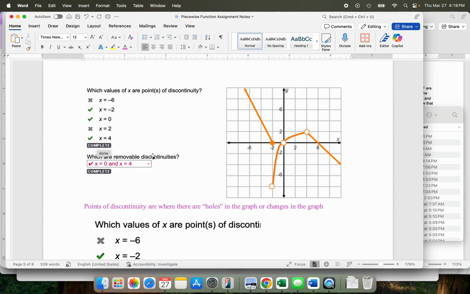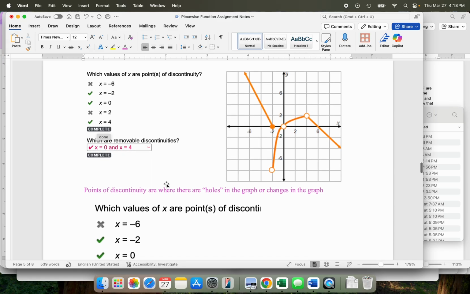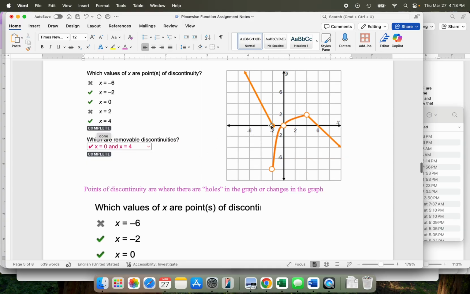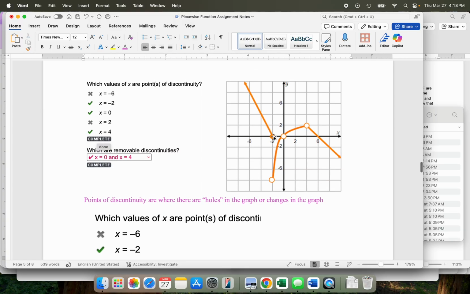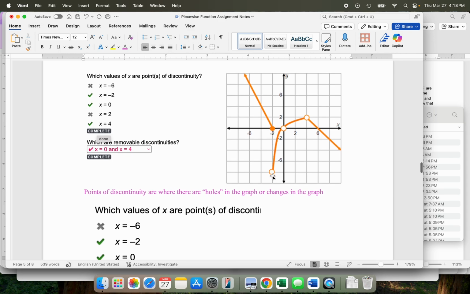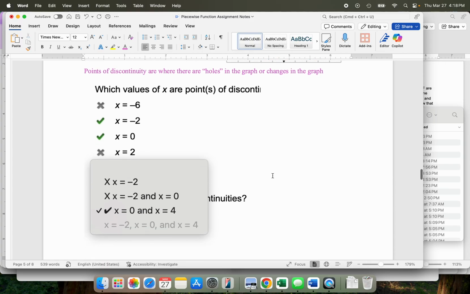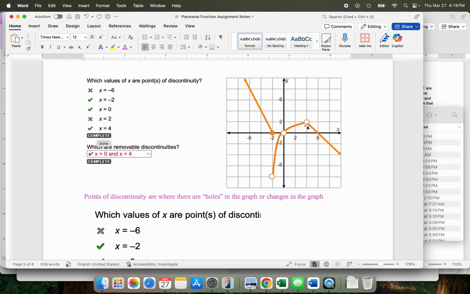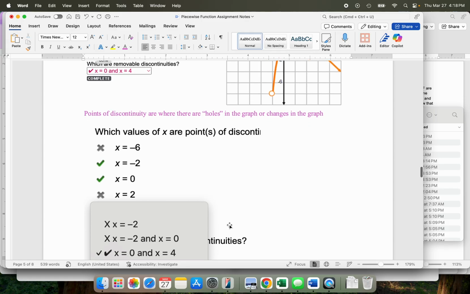If we were going to fill in the holes, we could come up with a function rule just for that one spot. But since this -2 is included in that function rule, -2 is not an option for a removable discontinuity. And so therefore it's only the one at 0 and the one at 4.